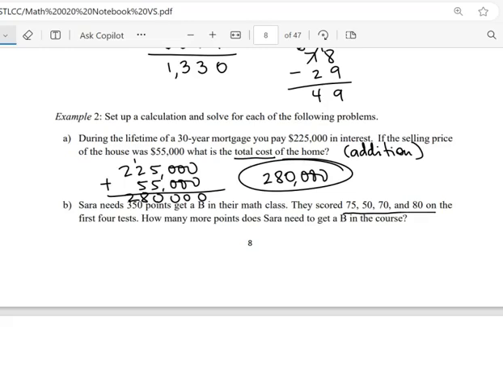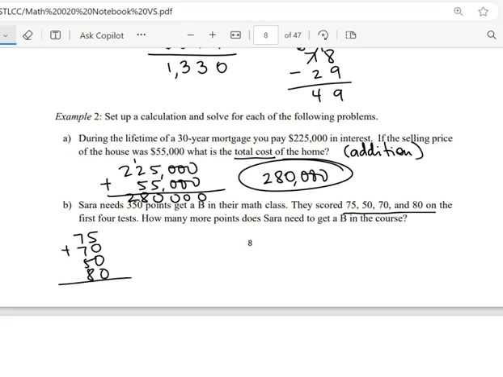So when we find out how many points in total she already has, the difference between what she needs to get and what she already has will give us the final remaining score on the test. So we are going to add 75 plus 50, 70, and 80.